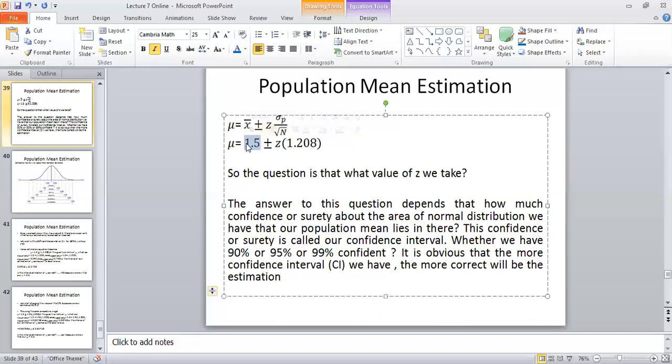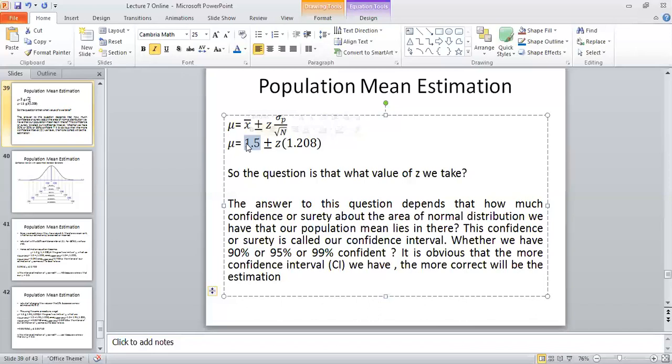The more confident we are that this sample mean gives an interval in which the population mean would be present, the higher this area should be. And the less confident I am about the interval obtained by the sample mean, the lesser would be the z value, or correspondingly the lesser the area.